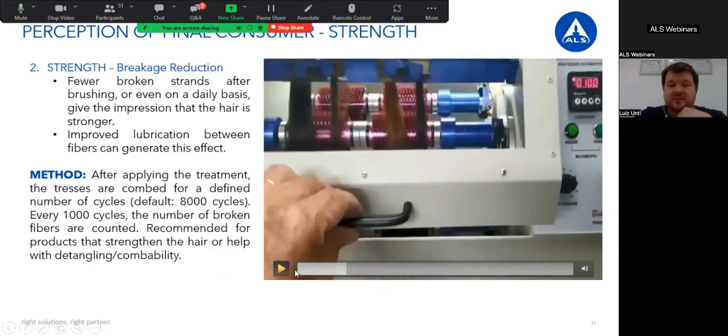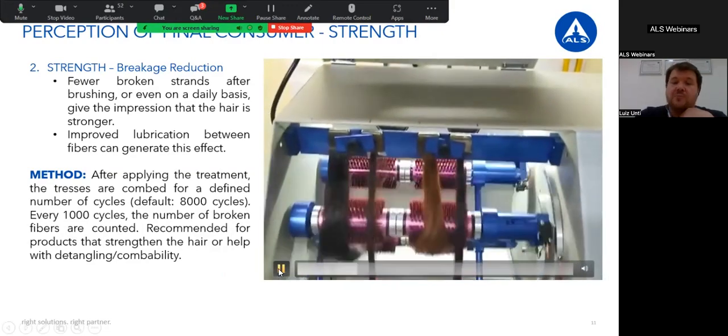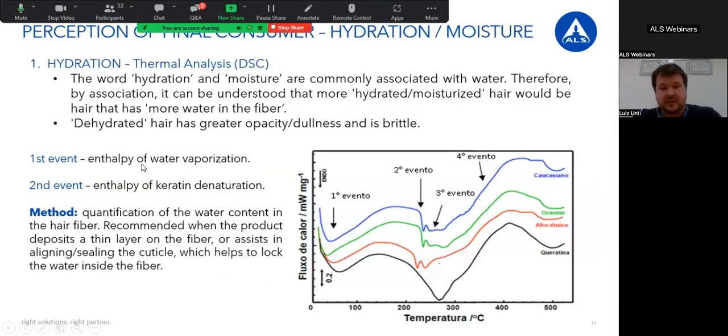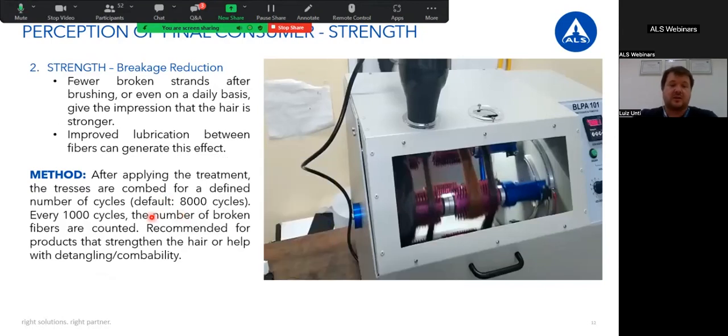And after that, we can also count the number of broken fibers every 1,000 cycles to compare how much benefit the treatment can provide, how fewer broken fibers the treatment will provide compared to untreated hair.